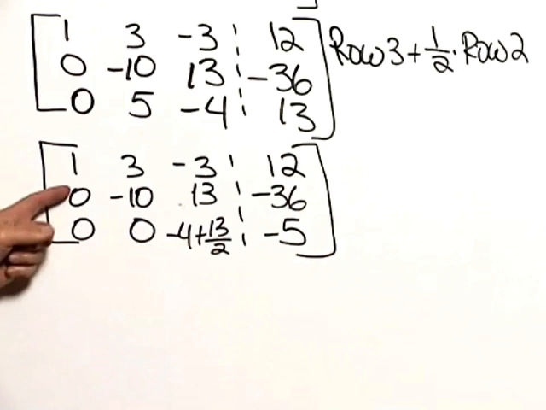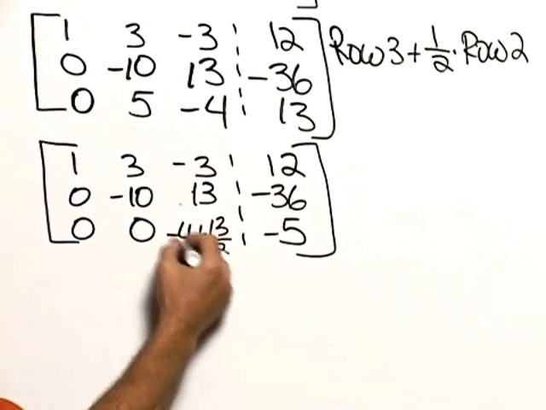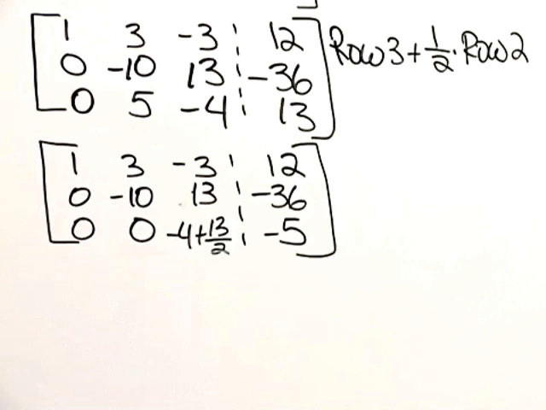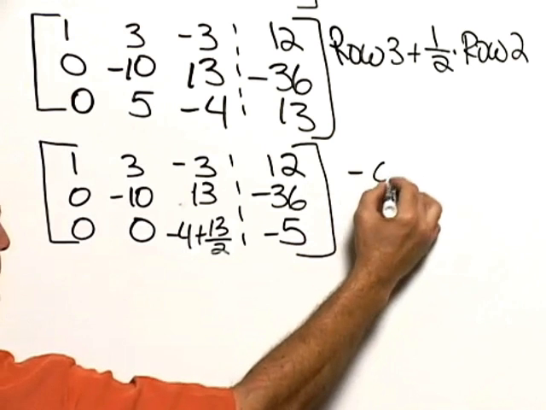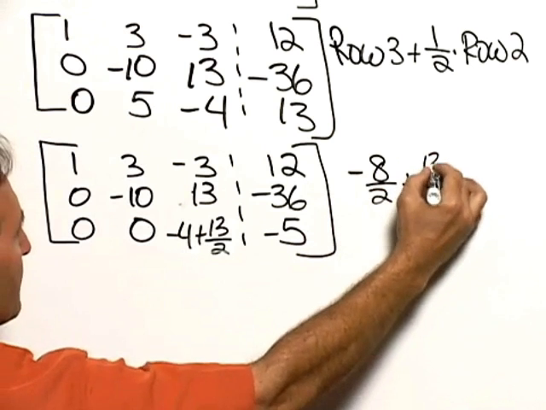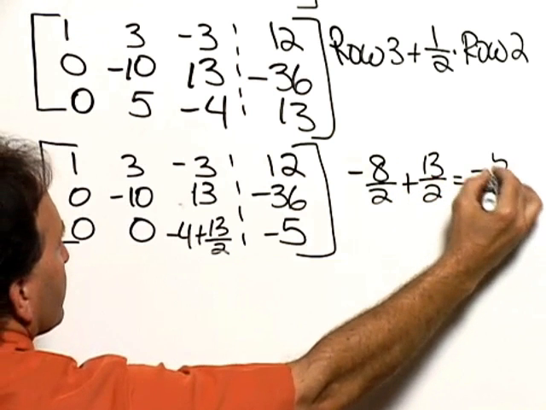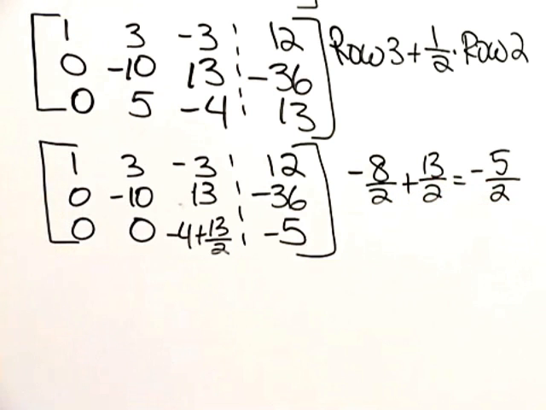So now we have zeros in the positions that we want. The only thing I'd like to do is simplify this part. This would be -8 over 2 plus 13 over 2 gives me 5 over 2.